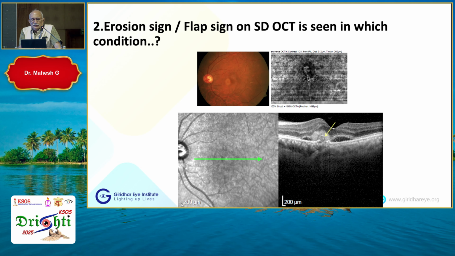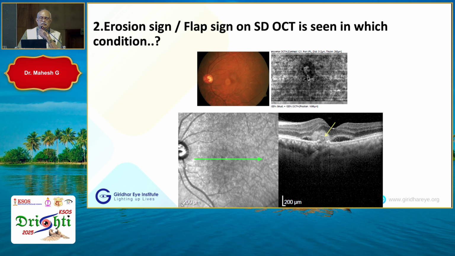So this is which condition? Erosion sign or flap sign. In the OCTA there is a small network, right? On the right side. So at the RPE there is erosion, and in front of that there is a subretinal hyperreflective area with fluid.